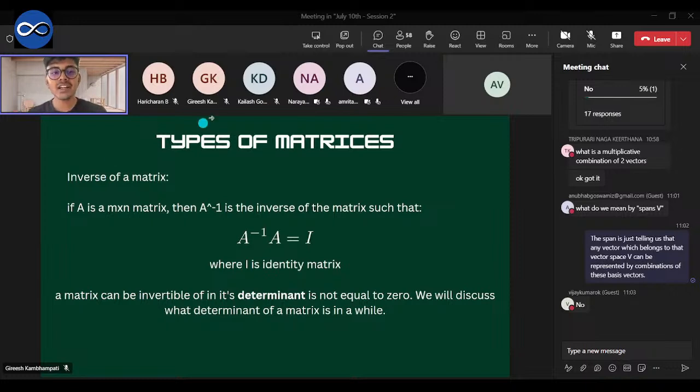But consider it like this. For example, if you take a triangle in a coordinate system, you could fill up the coordinates of the triangle in a matrix, right? So x1, y1, x2, y2, x3, y3, where x1, y1, and so on are just the coordinates of the triangle.